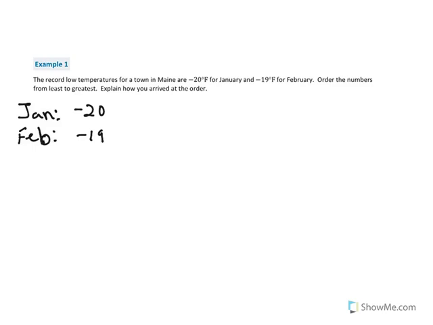All right, so now I'm going to try a vertical number line. When doing a vertical number line, we don't necessarily have to have all of the numbers filled in. In this case, we're only looking for negative 19 and negative 20, so I can put my 0 a little further up. I'm going to put it right about here. And when we're working with negative numbers, it's going to be below 0.